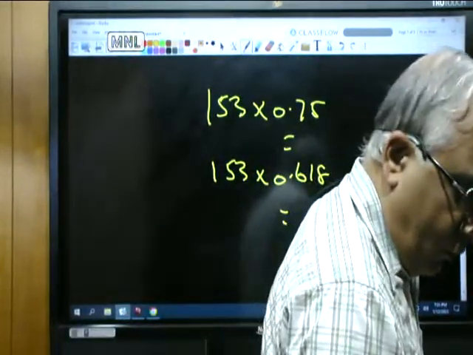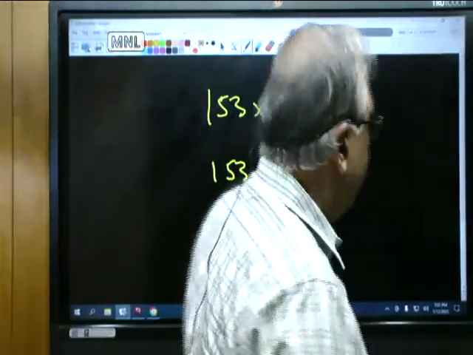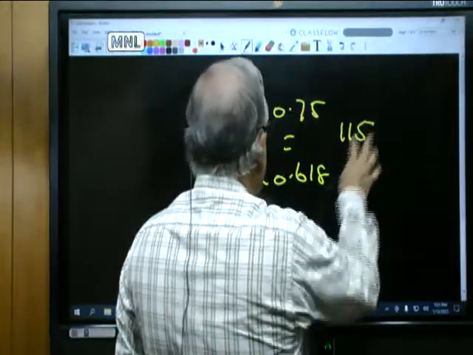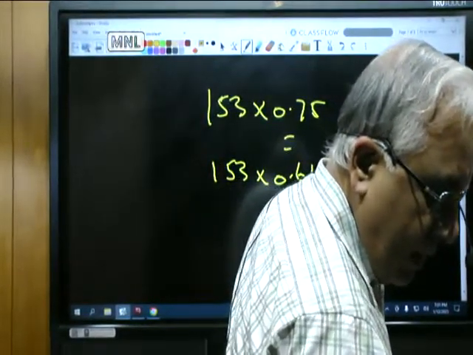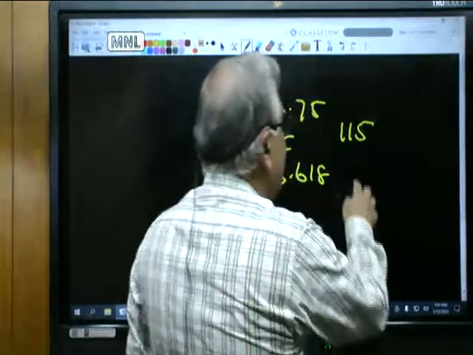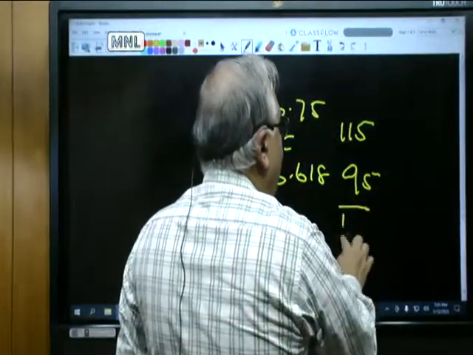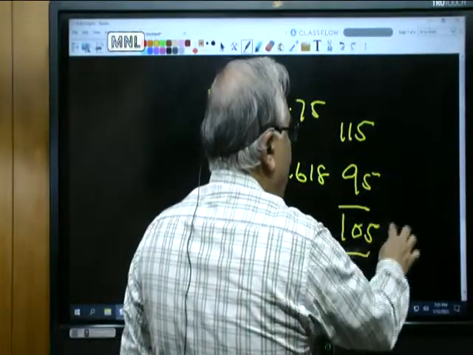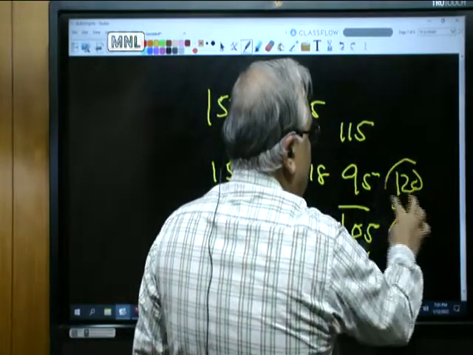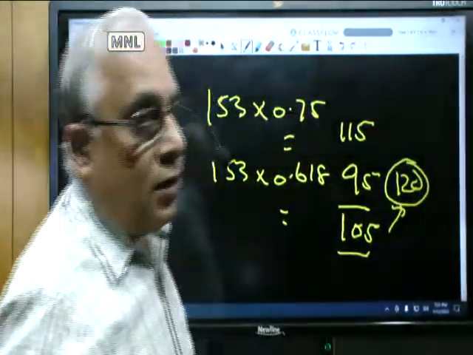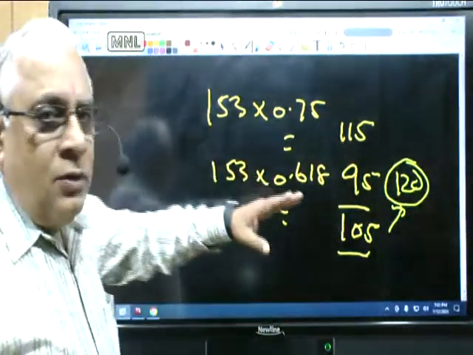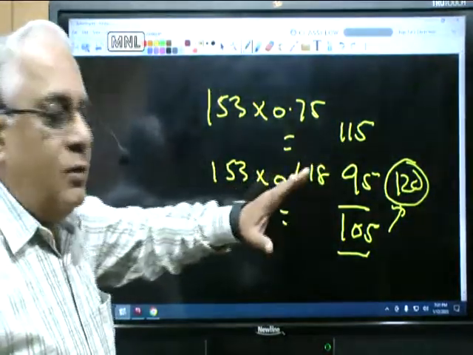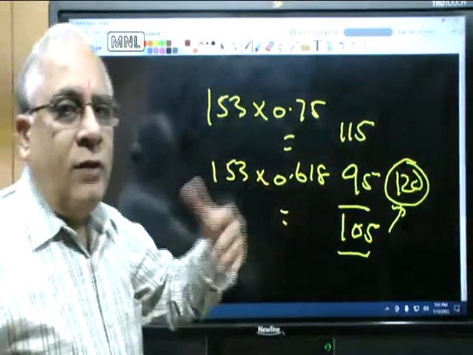For those who invested at these ratios, you would have invested at 115 here. This one, 153 into 0.618, would have been at 95. So your investment would have started around 105. Now it's around 120 or so, so you still have a 15% gain right now. This is for investors who blindly invested. If it had gone a little lower, you would have got in at 50% also.